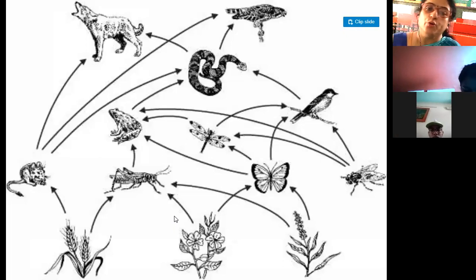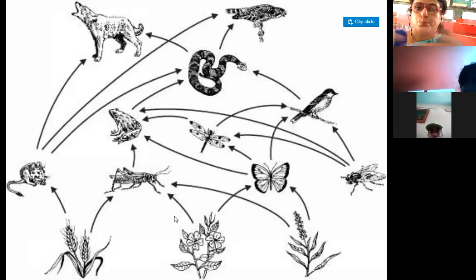In order to fulfill the demand of energy for the various life processes, we depend on other trophic levels.